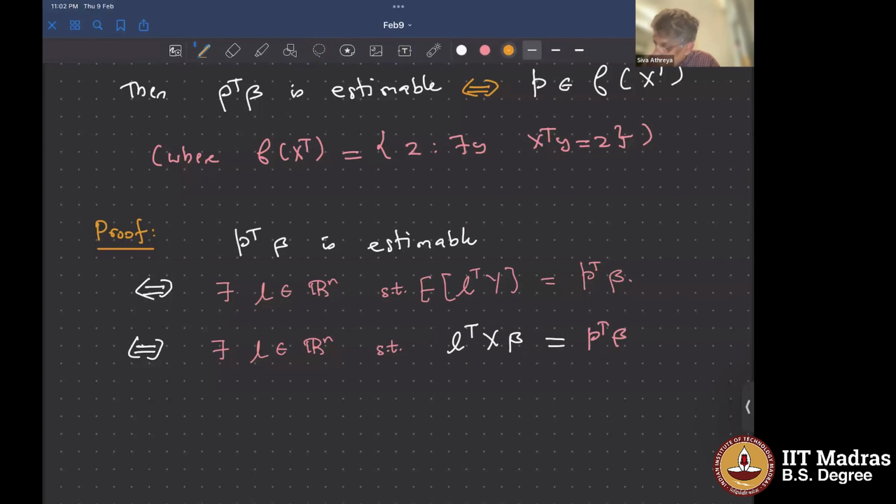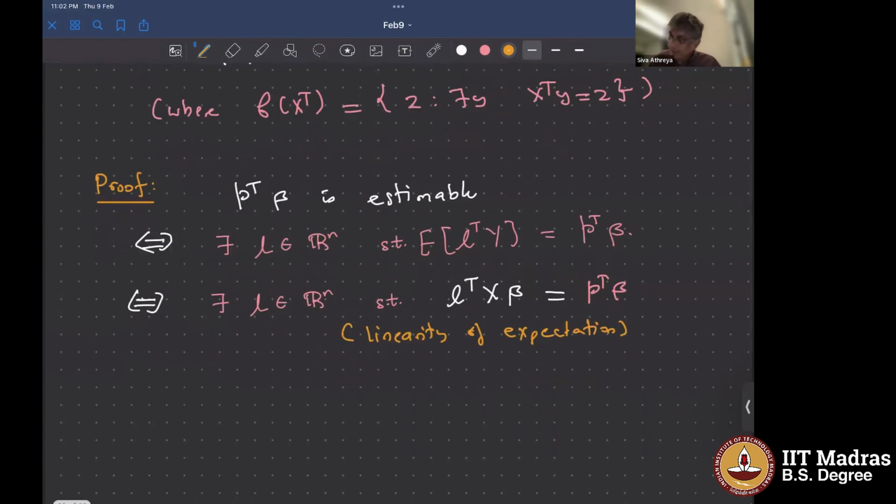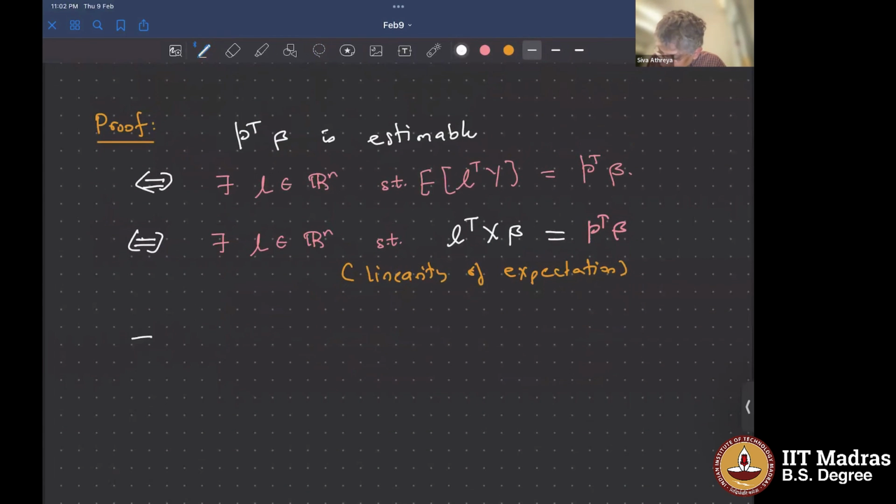So I got this line by linearity of expectation. And that's if and only if there is an L in Rn such that this is true for every beta.